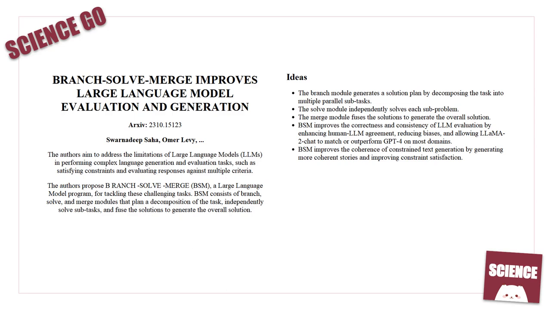BSM solves this problem by breaking down the task into smaller subtasks, solving them independently, and then merging the solutions to generate an overall solution. This approach improves the correctness and consistency of LLM evaluation and enhances the coherence of constrained text generation. And overall, BSM is a significant contribution that improves the performance of LLMs in various language tasks.